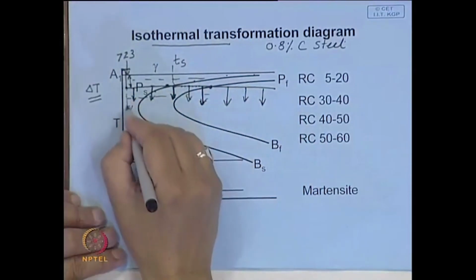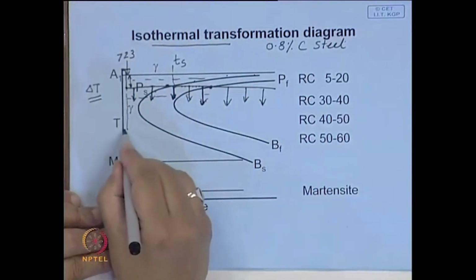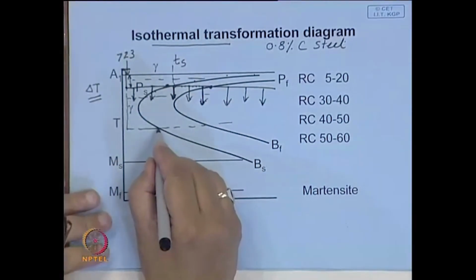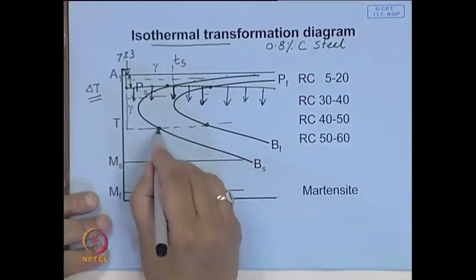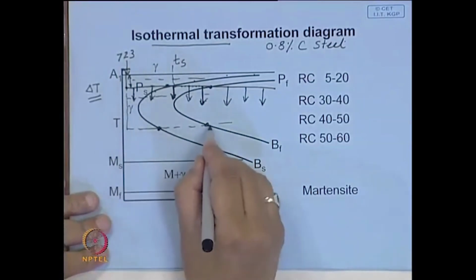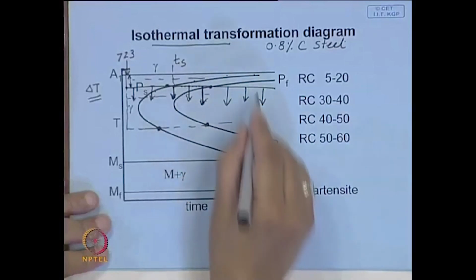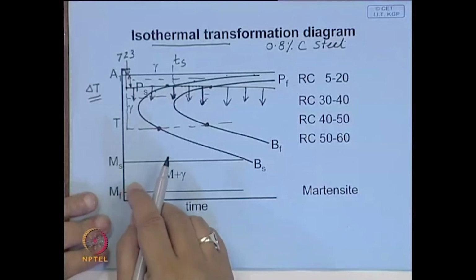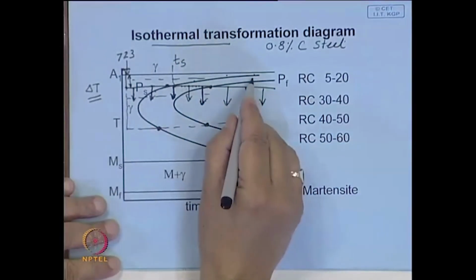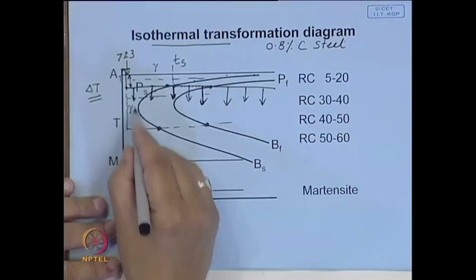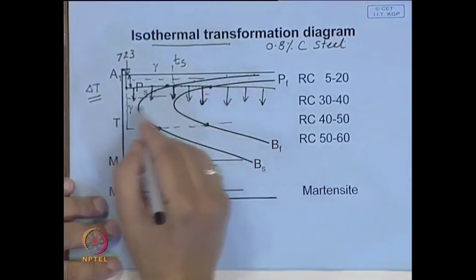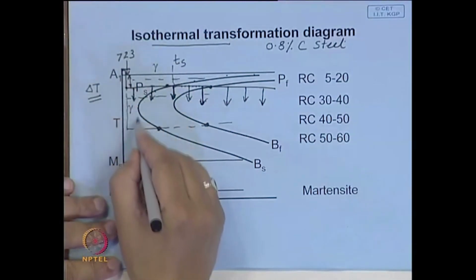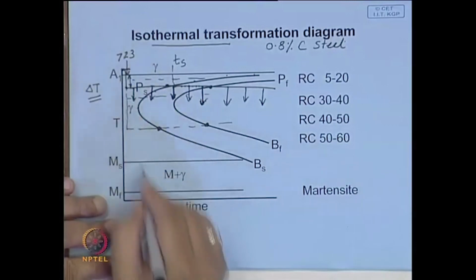And similarly, you will also find if you quench it further lower you have a different kind. Here you start getting a different type of structure, but nevertheless here also it starts after a particular time and ends at a particular time. So, this C type of curve is very similar to what you get during precipitation hardening, during quenching also we talked about this type of C shaped curve, and you must cool it faster than a critical cooling rate to get the specified structure.